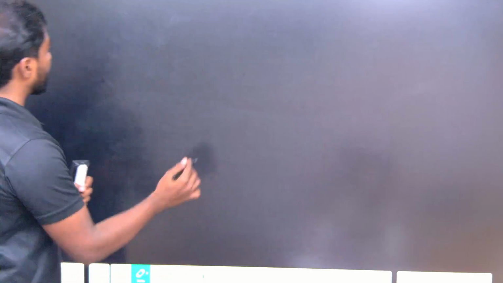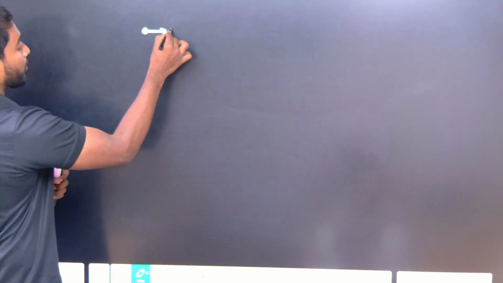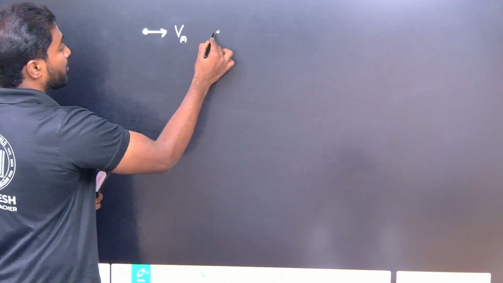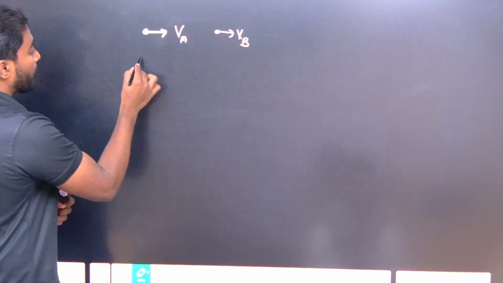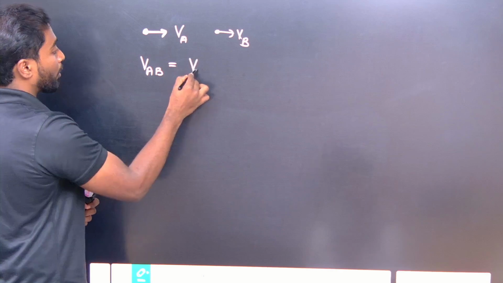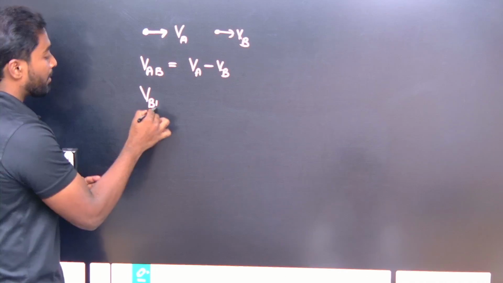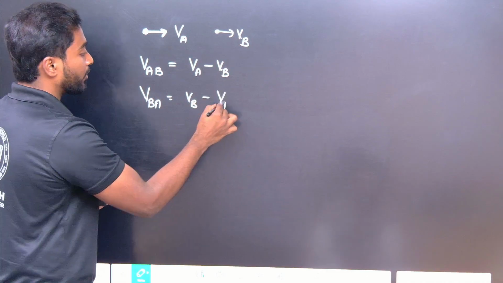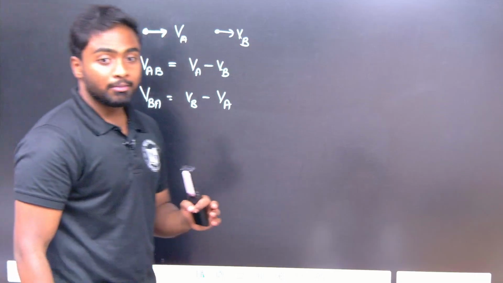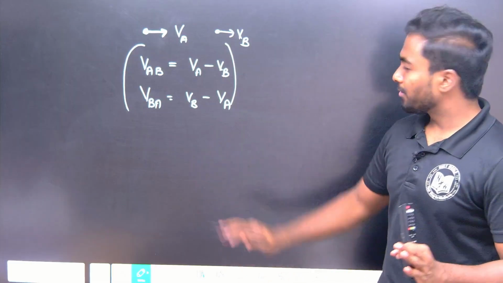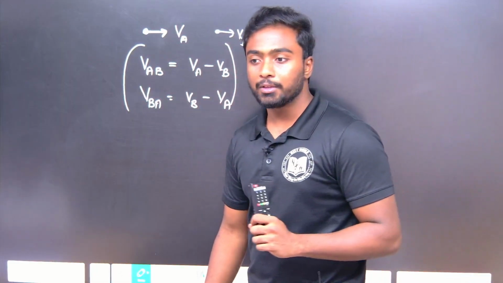If object A is going with velocity VA and object B is going with velocity VB, then velocity of A with respect to B is equal to velocity of A minus velocity of B. Suppose they are asking velocity of B with respect to A, it is velocity of B minus velocity of A. So in relative motion we should remember the formula, and second, the direction of the motion.